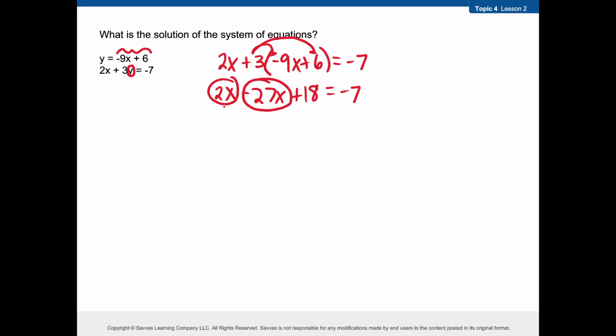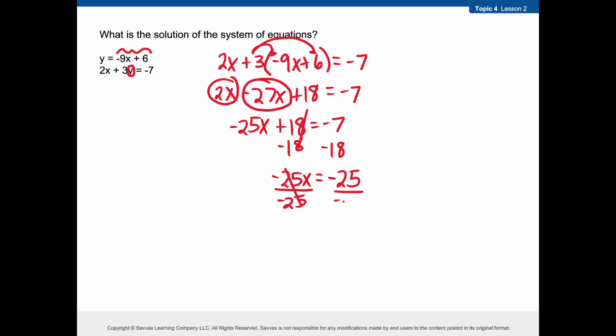Combining your like terms, 2 minus 27 is a negative 25x, plus 18 equals a negative 7. Solving for the variable, subtract 18 from both sides, but same sign, add the two numbers together and keep that sign, so it becomes a negative 25.